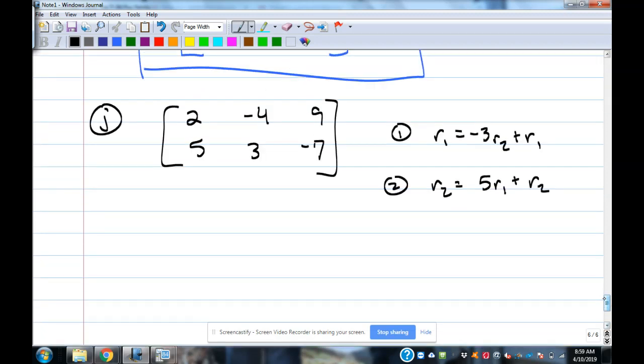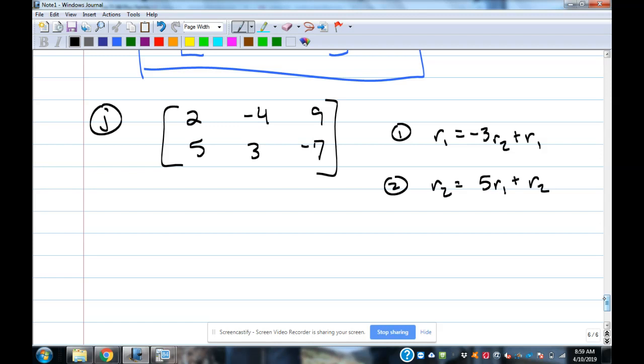I know in your textbook, in the practice, you're going to have to do successive row operations. So when you do these, just do them in order and then use the answer from number 1 to do the next part. For the first row operation, what row is changing?